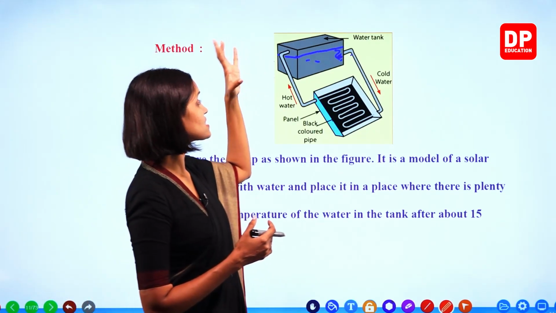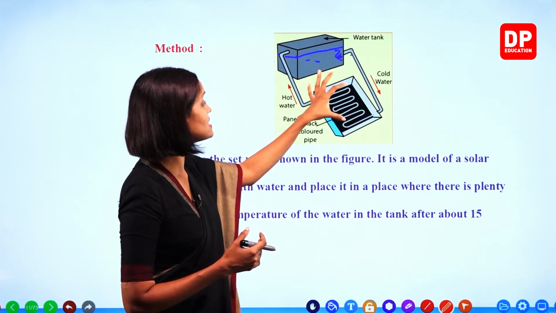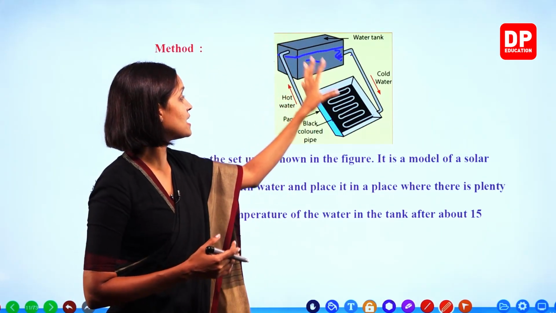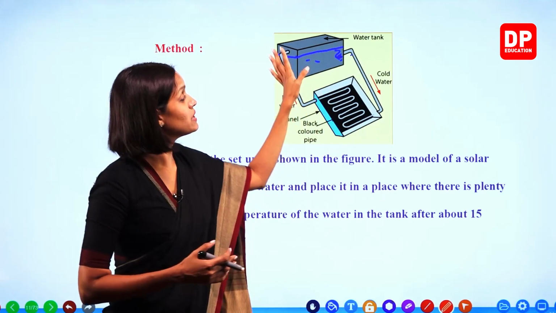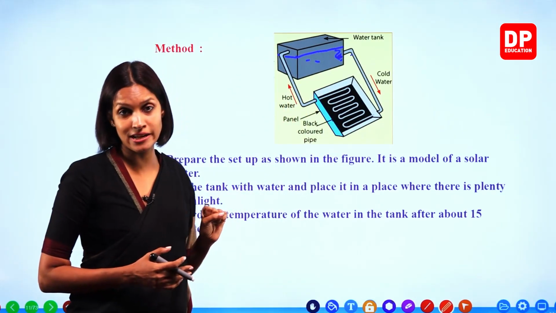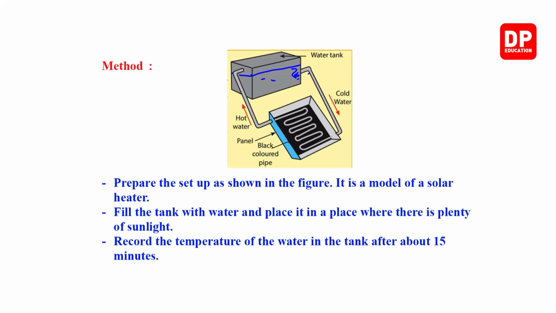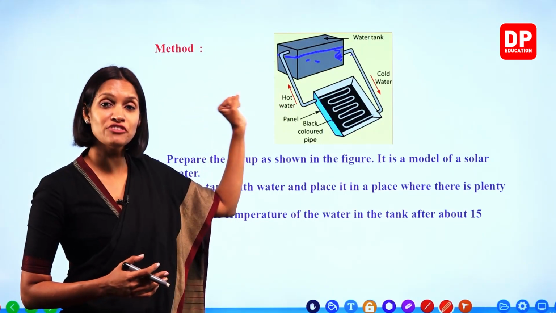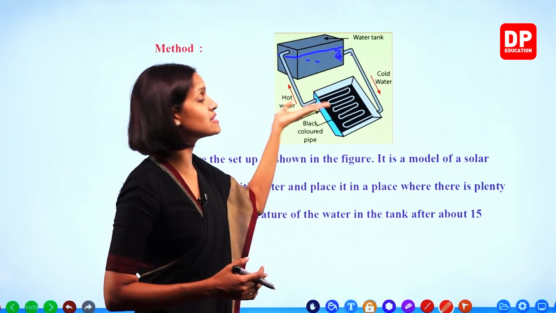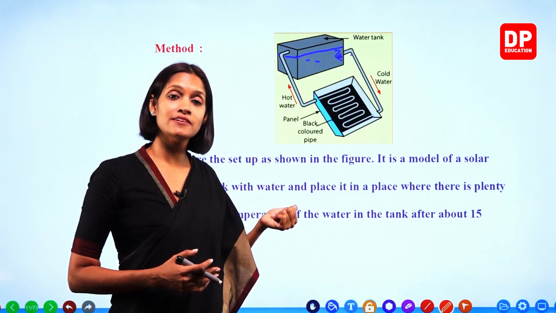So here, this radiated heat is nicely absorbed by this entire setup because the surfaces are black color. Right, children? So here what happens, because of absorbing heat efficiently, the water gets heated up faster.